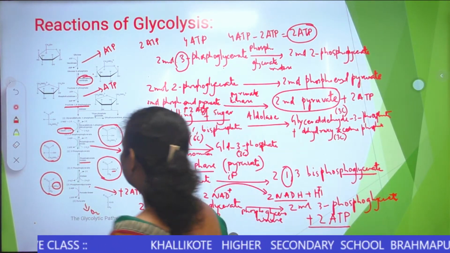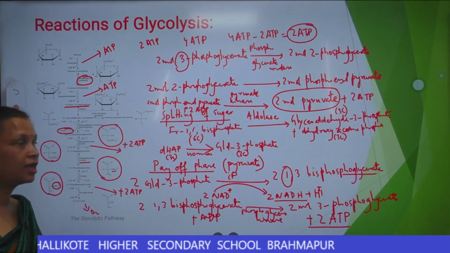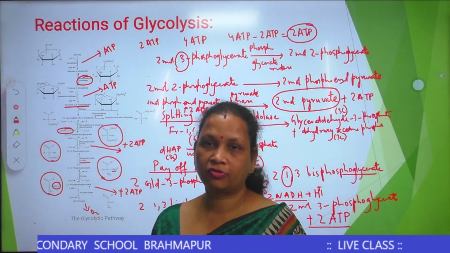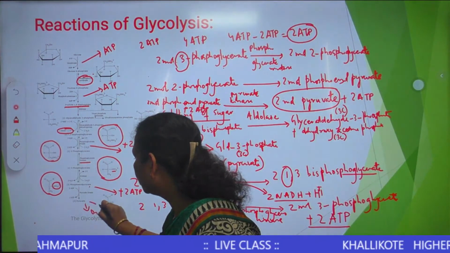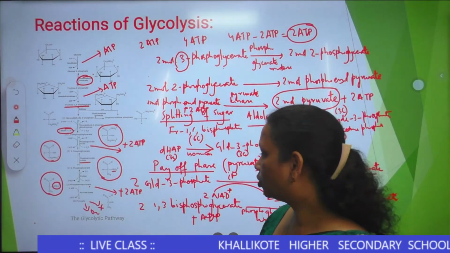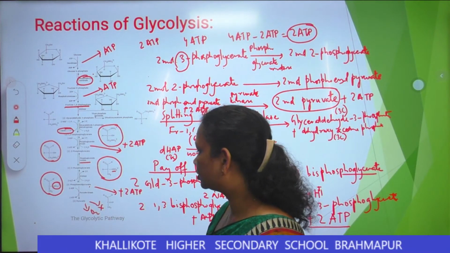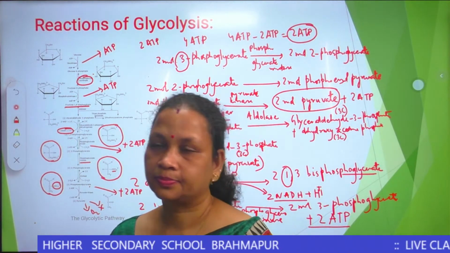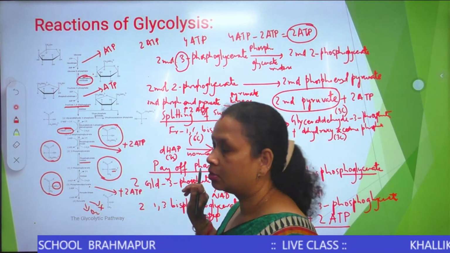But how is this path important for respiration? This entire process of glycolysis will be common for both aerobic and anaerobic process. The fate of pyruvate will depend on whether O2 is present or not. If O2 is not present, then pyruvate gets converted into ethyl alcohol or lactic acid. If O2 is present, then it will further move on.